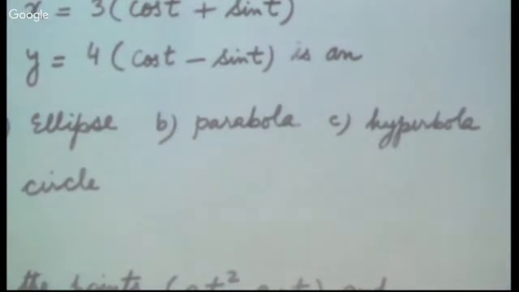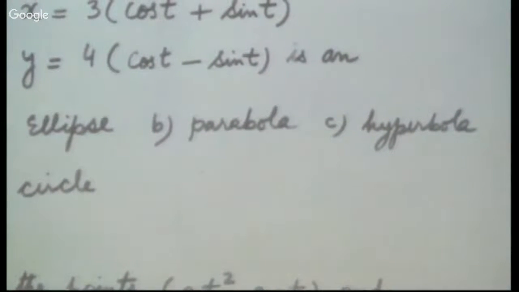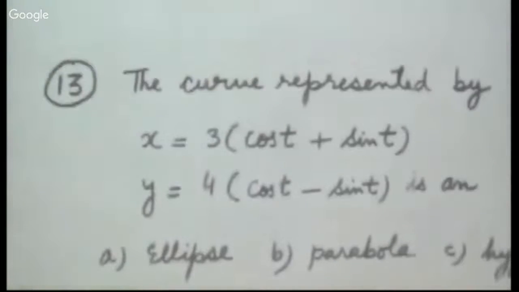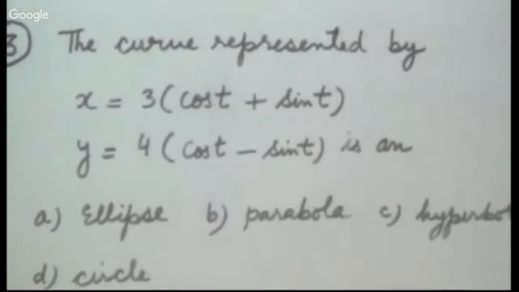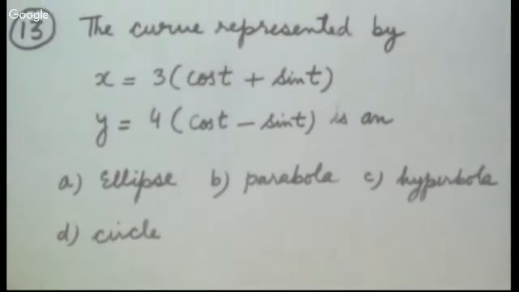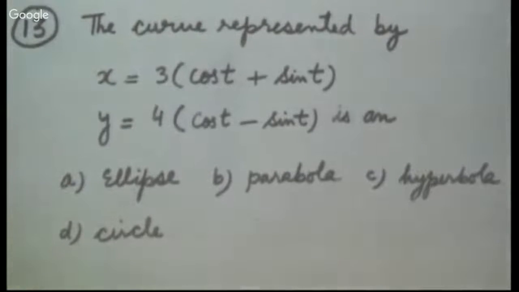The curve represented by x equal to 3 cos t plus sin t, y equal to 4 cos t minus sin t is an ellipse, parabola, hyperbola, or circle. See what you will do in this case? Try and eliminate the parameter.